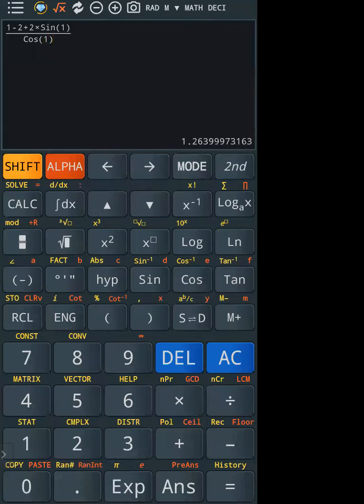Tell me how much answer you are getting. Are you getting this value? 1.264. When you have this value, just let me know.